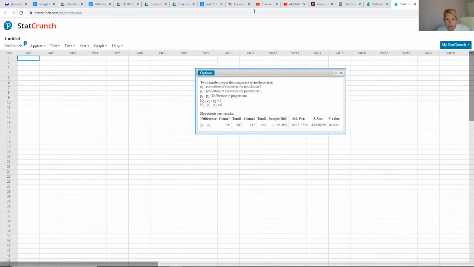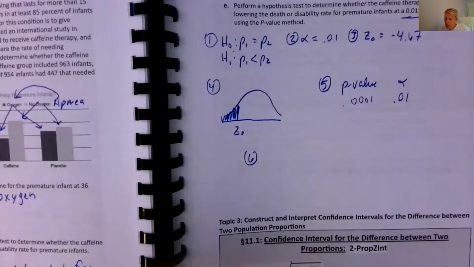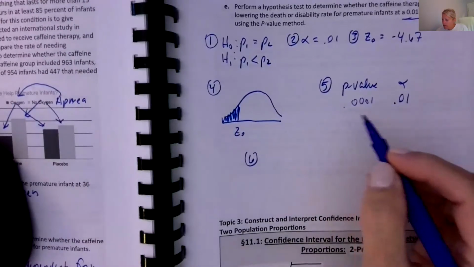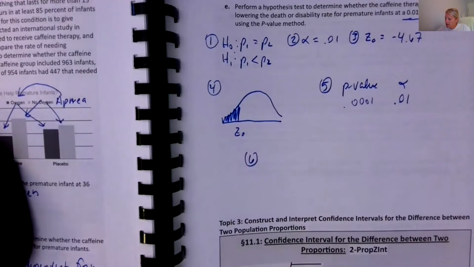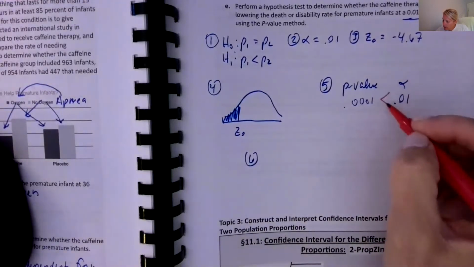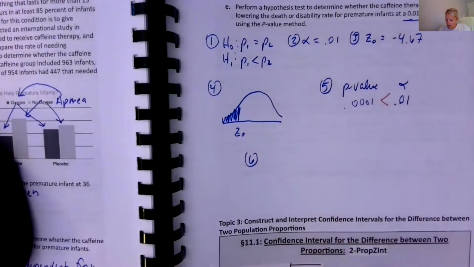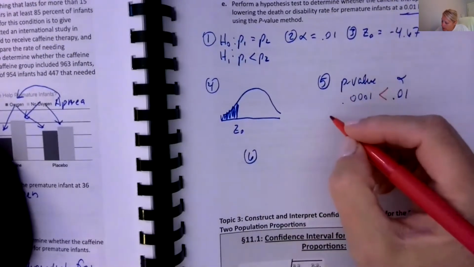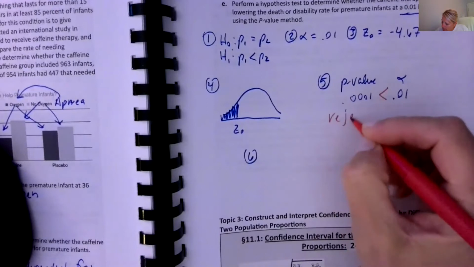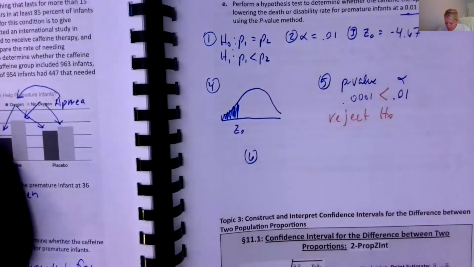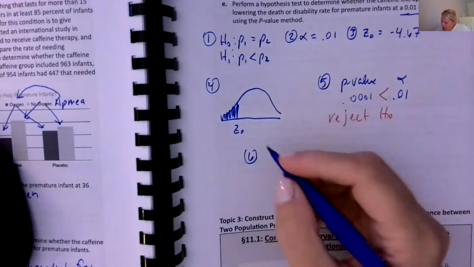So let's just go back to our first page for a moment. So here we are. There is the p-value that came out of that. And we can see that that's definitely, it said it was less than 0.001, but that satisfies enough to tell us that we are going to reject H0. Okay. So there is sufficient evidence.